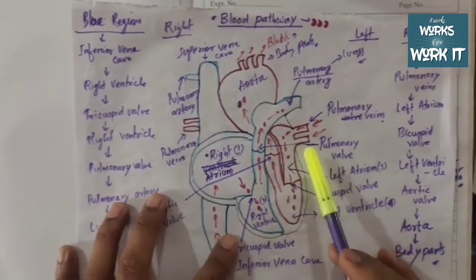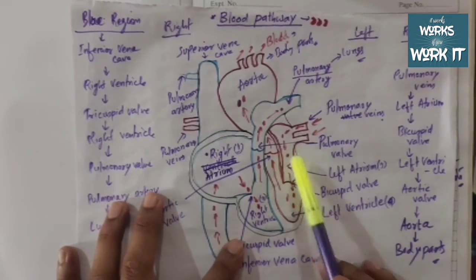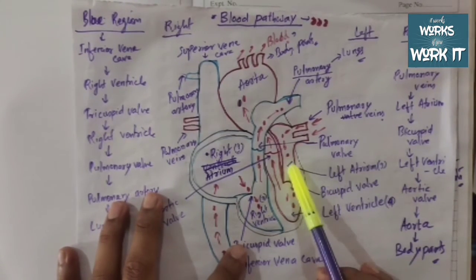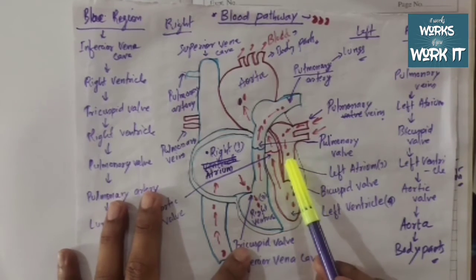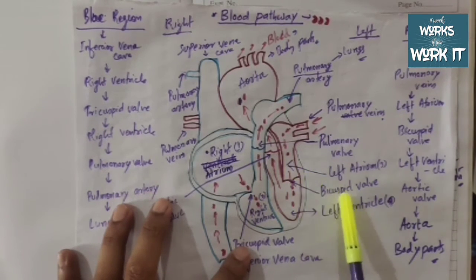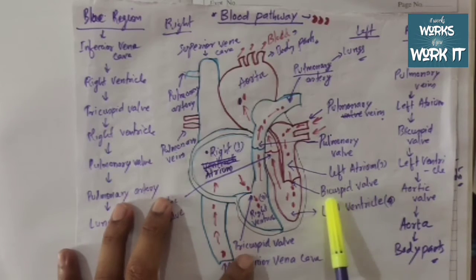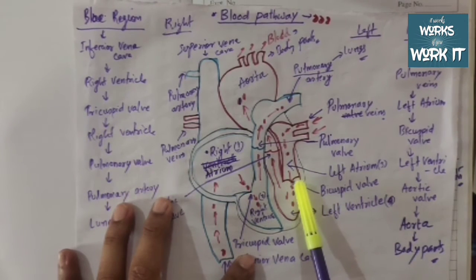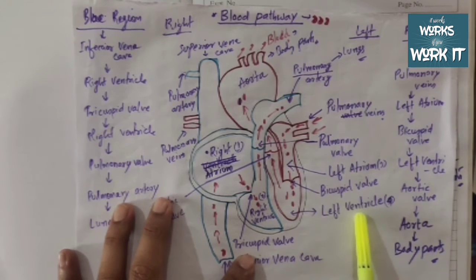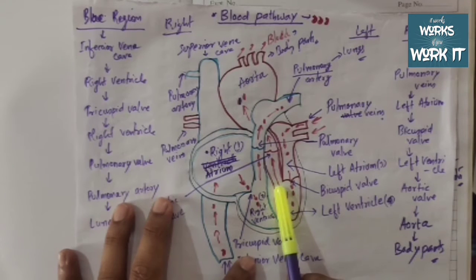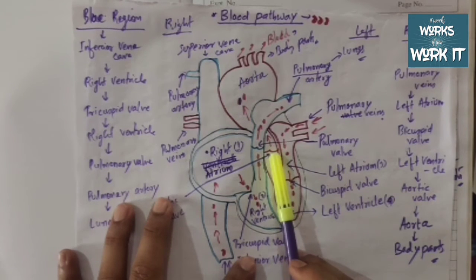third chamber, that is the left atrium, and from here it relaxes when it receives blood and contracts when it pushes the blood towards the bicuspid valve. Then through the bicuspid valve it enters the left ventricle, again it relaxes and then contracts, pushing towards the aortic valve.